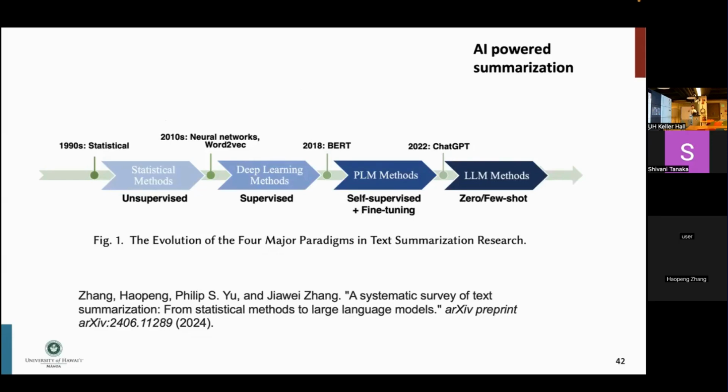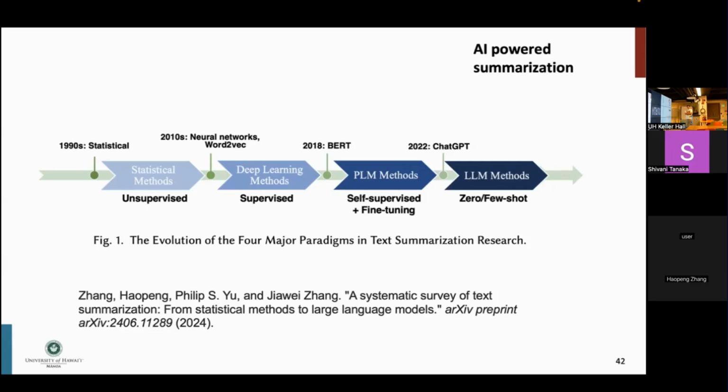That's the first phase of AI-powered summarization research, which focused on statistical methods. Later in 2010, we have the neural networks, and then we start to use deep learning and use those models to build deep learning supervised summarization models. That's the second phase of the summarization research.